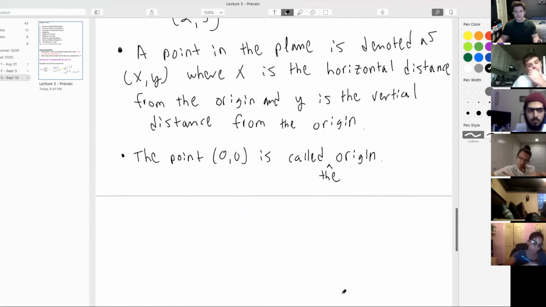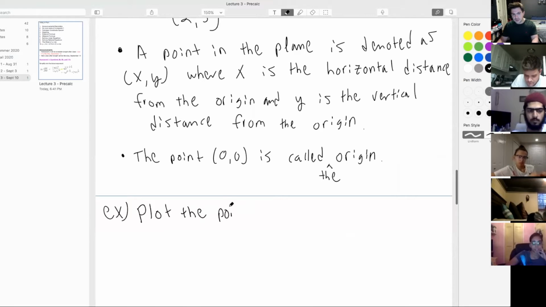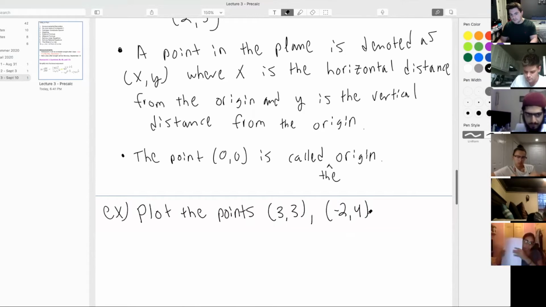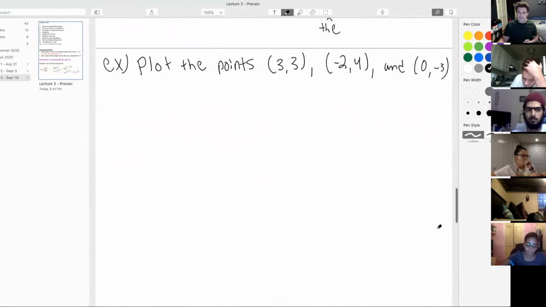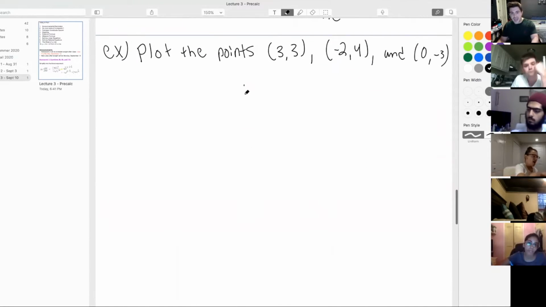Okay. So hopefully this seems somewhat familiar. I think the best thing to do is just to get some examples going. So let's just practice plotting some points. Let's plot these points. 3, 3, -2, 4, and 0, -3. All right, so let's just plot these guys and just see the process for doing this. So let me draw my axes.